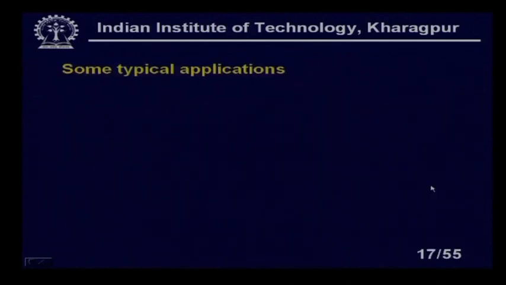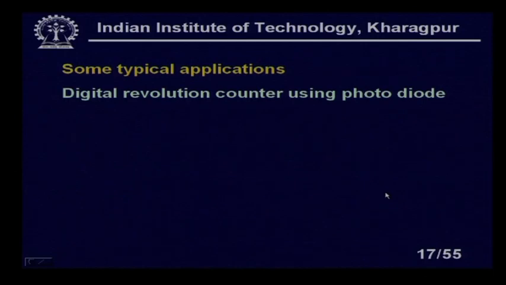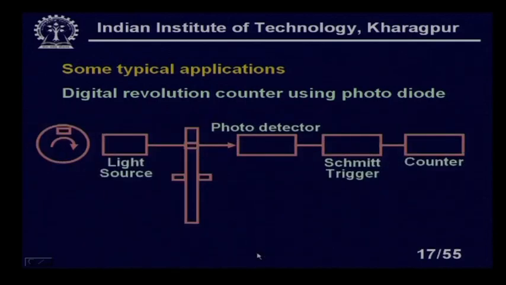Let us look at some typical applications of these photodiodes. This is a scheme which we have shown, a digital revolution counter using a photodiode. How can we make a digital revolution counter using the photodiode? You see here, I have a light source coming here.